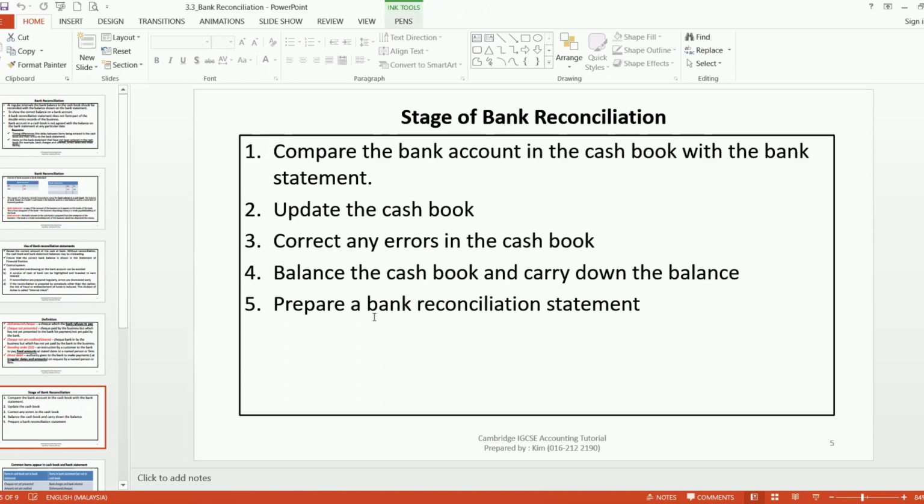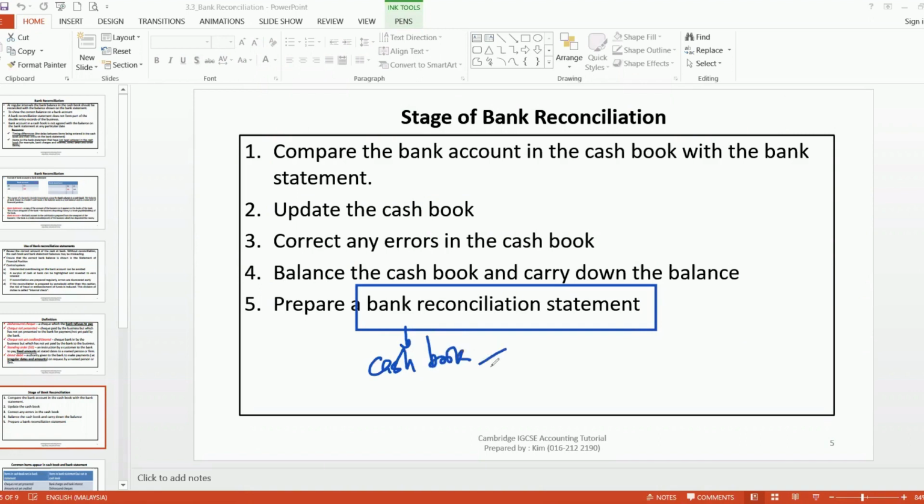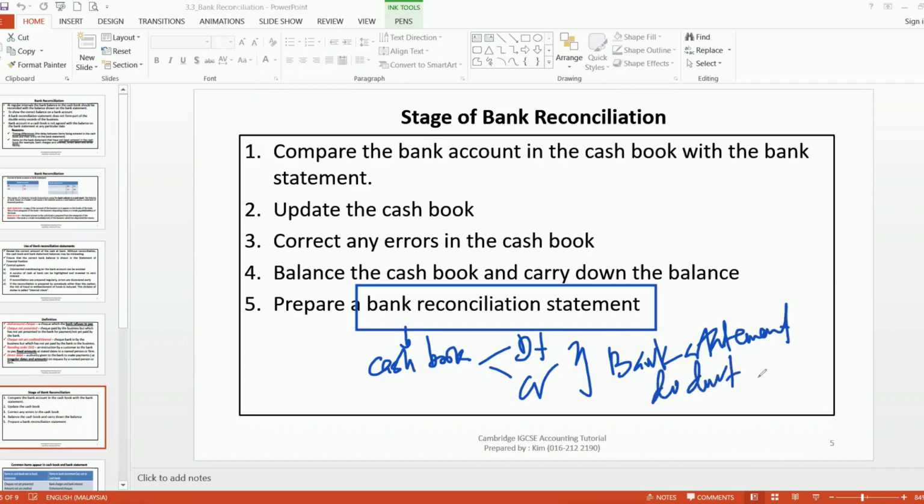So when you prepare the reconciliation statement, most of the time the items come from the cash book that you already debited or credited, but the bank statement did not show.